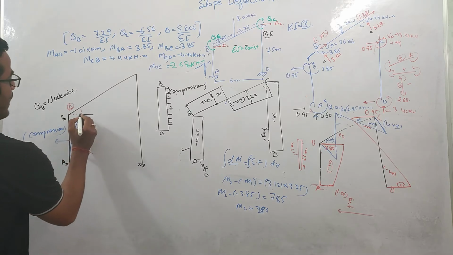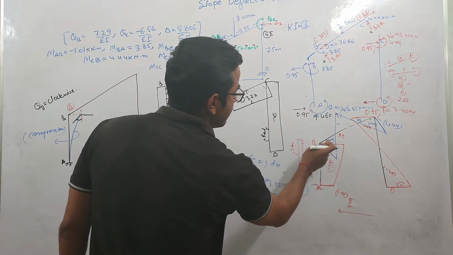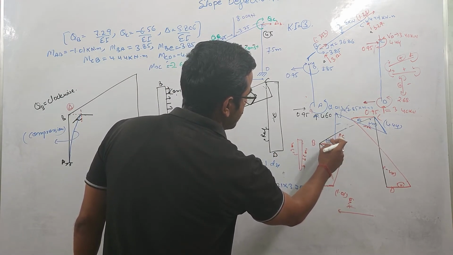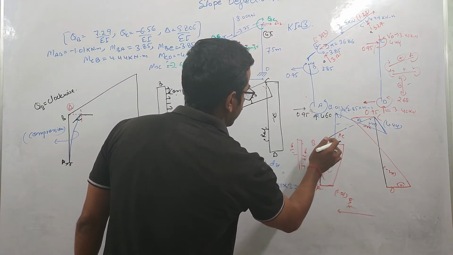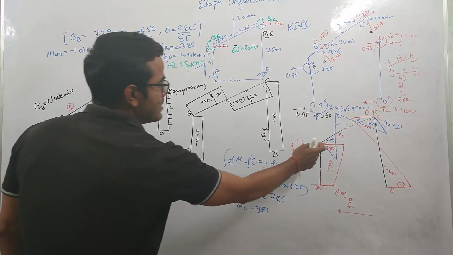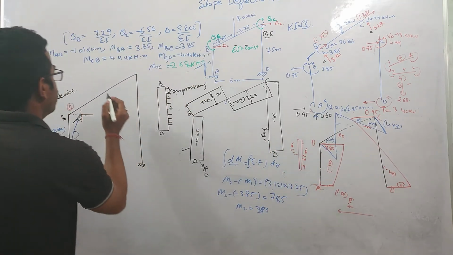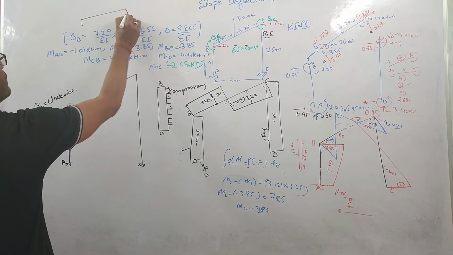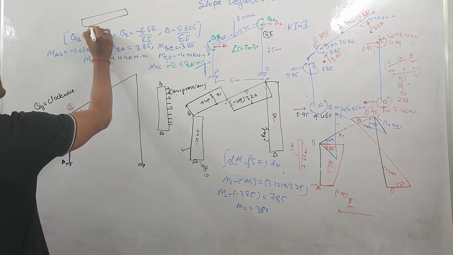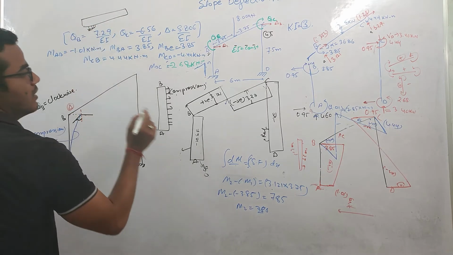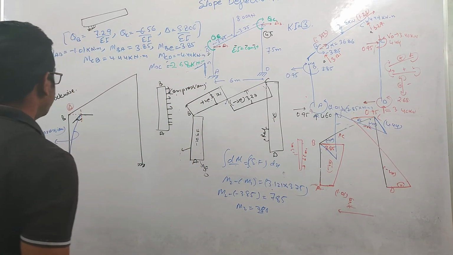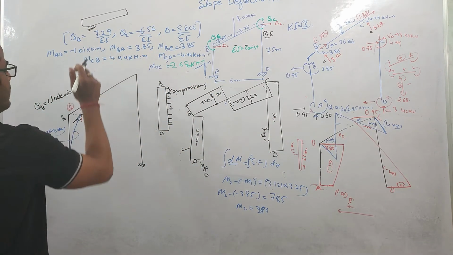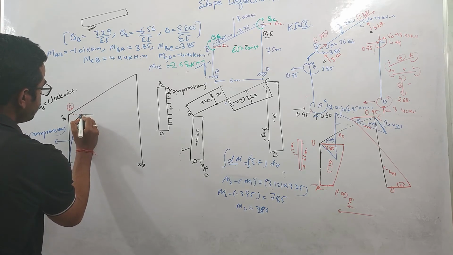So at B, for this member, you can see that this portion is showing basically hogging, right? The upper portion is in tension and the below face is in compression. If let us suppose this is the face BC, this portion is in compression, right? This part of the BMD shows that this below face is in compression, and the angle is clockwise over here.